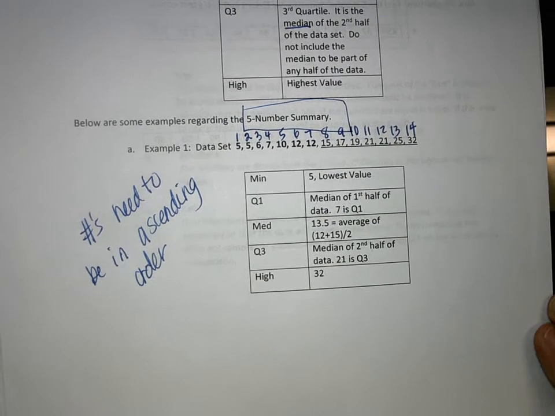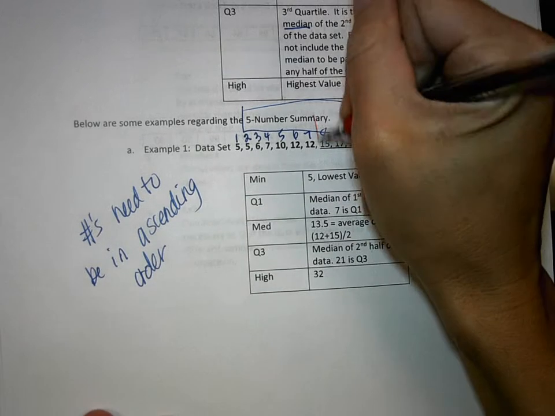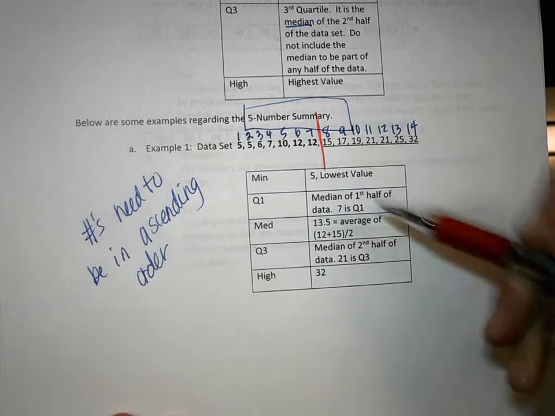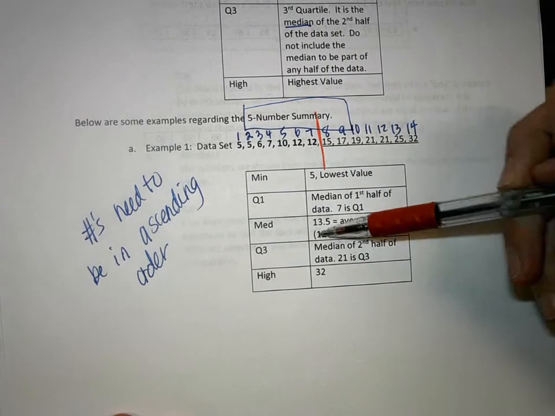Since I have an even number for my data, the median is going to be which 2 numbers? The median is right here in the middle between 7 and 8, right? The values are 12 and 15.